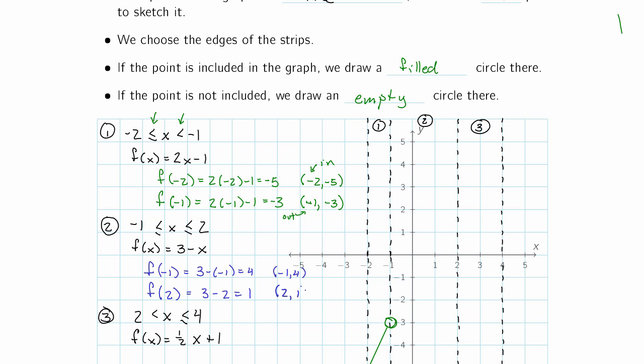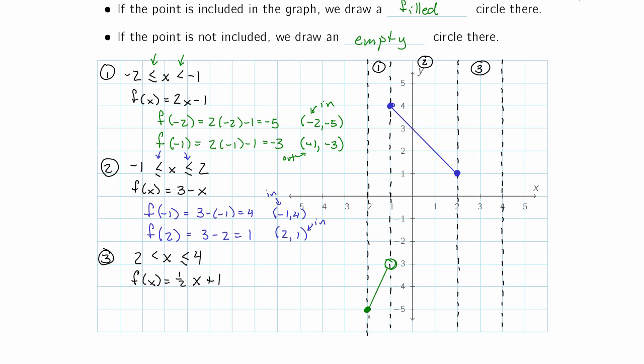So 2, 1 will be the other end of this piece. And I notice that equals is allowed at both of those points, so both of these points are in. At negative 1, 4, I'm going to draw a filled-in circle. At 2, 1, I'm going to draw a filled-in circle. And then I'm going to connect those with a straight line. And that's that piece done.